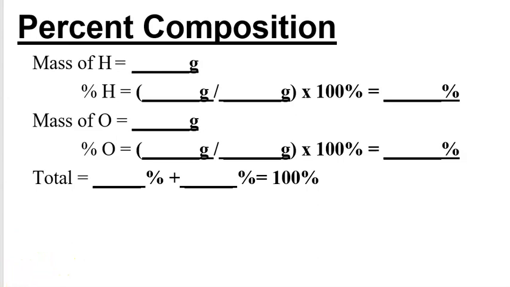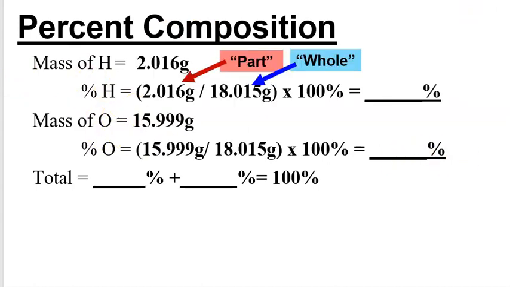Okay, so here is my percent composition. Once again, we said part divided by whole. Part, you figured those out previously. There it is. This is my part divided by whole times 100. So once we found that molar mass, it's pretty simple. So I'm going to put it into my calculator. 2.016 divided by 18.015 is equal to 0.111906, etc. But we have to multiply that by 100.